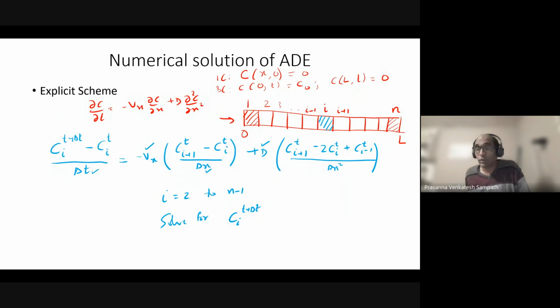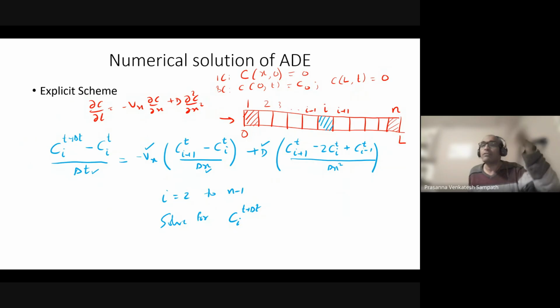Although it looks complicated, the problem is that the explicit scheme is not always stable. You have to satisfy some stability criteria to ensure that the scheme will give you more or less reasonable answers. What that means is that the delta t you can use for the explicit scheme has to satisfy some criteria.